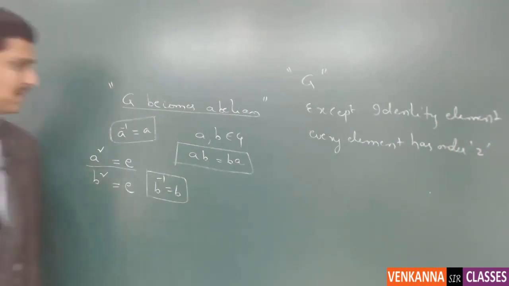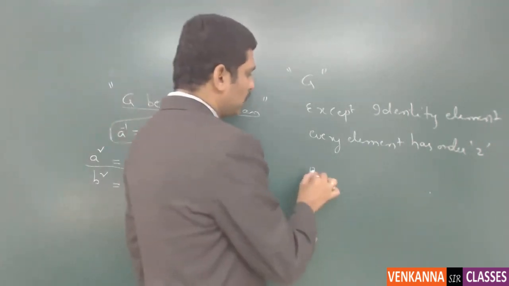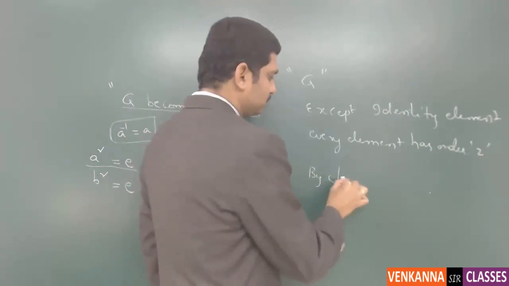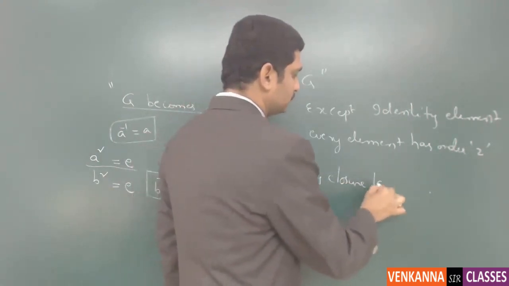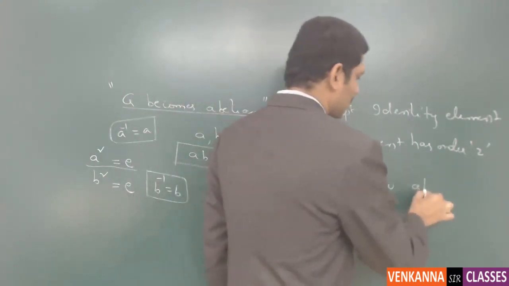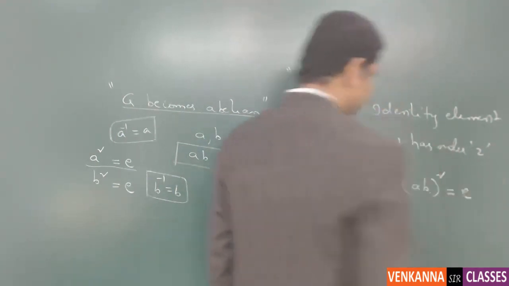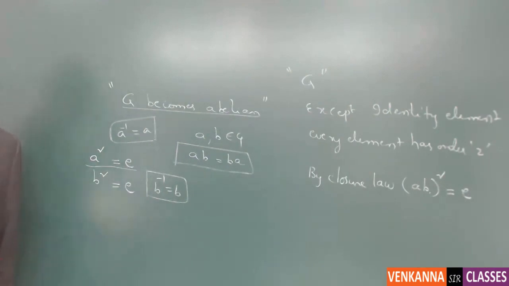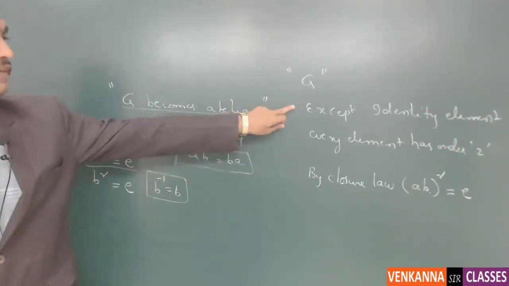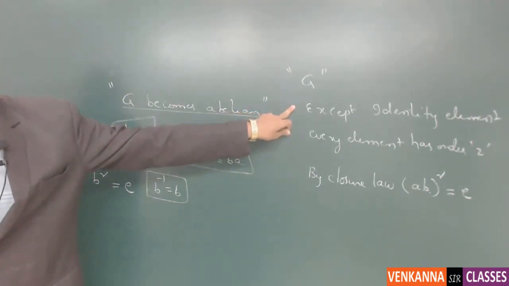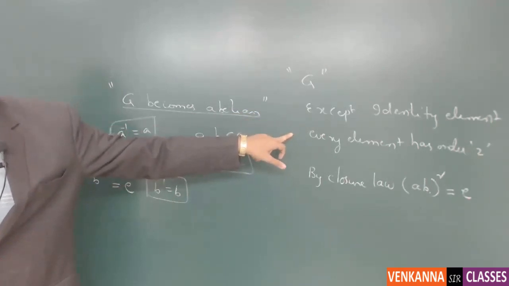Now what happens? By closure law, AB whole square is equal to identity. That we can say. Because every element except identity has order 2.